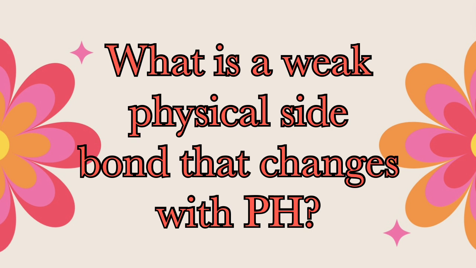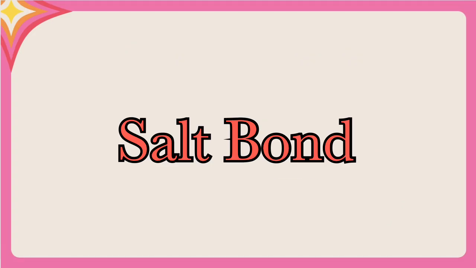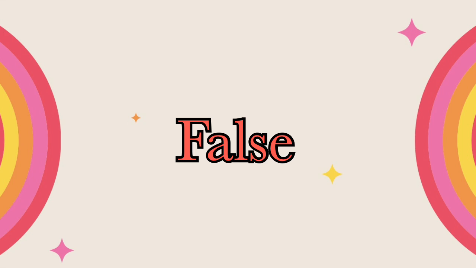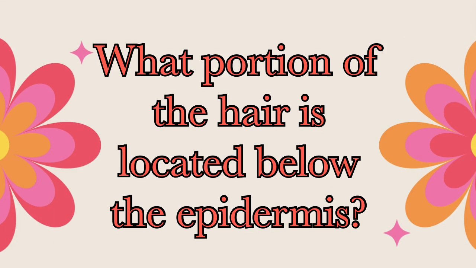What is a weak physical side bond that changes with pH? A salt bond. True or false? Hormones have no effect on wave pattern. False. What portion of the hair is located below the epidermis?